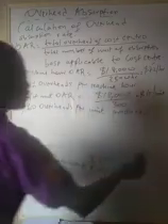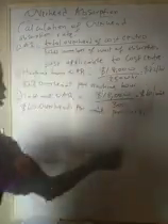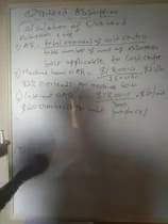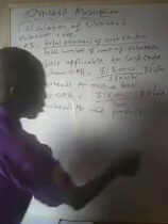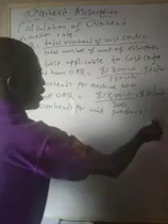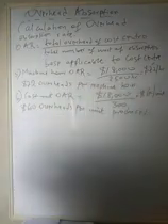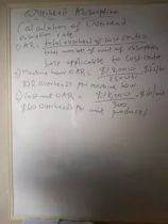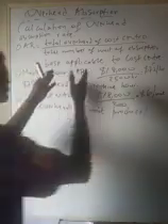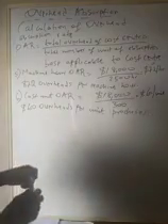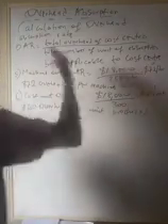Overhead absorption rate is very, very important in many areas of cost accounting. You have it in standard costing, in marginal costing, and you use it in absorption costing. So how do you calculate it? It depends on the basis given.